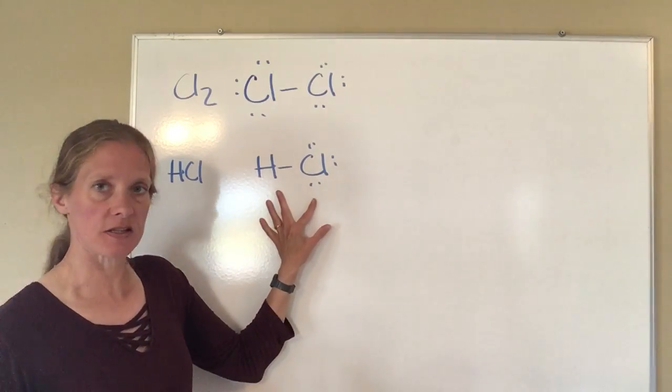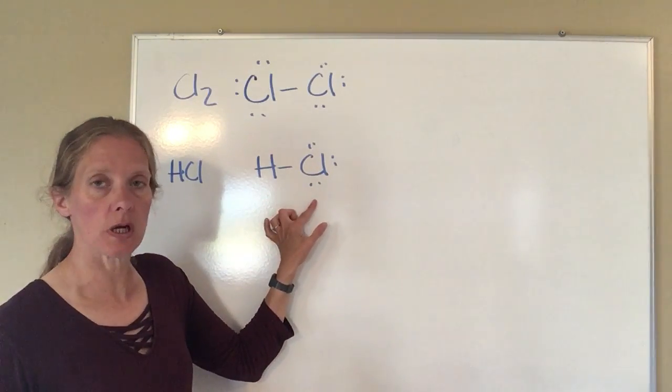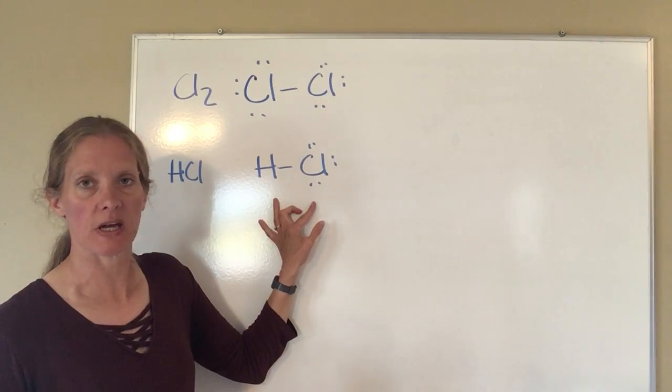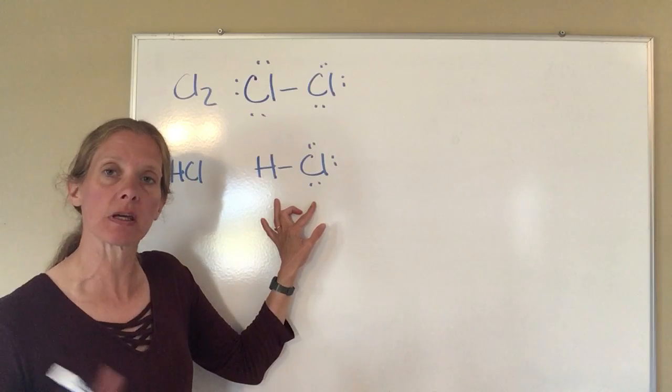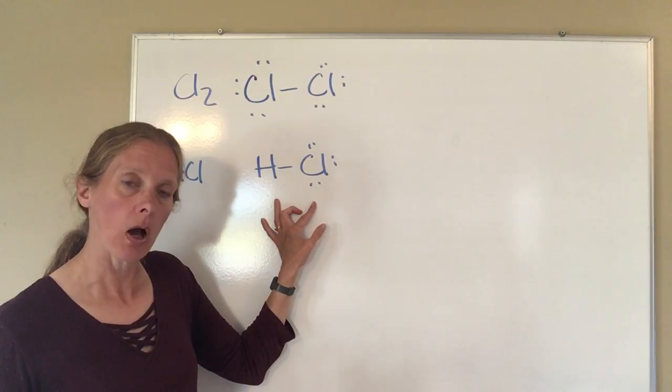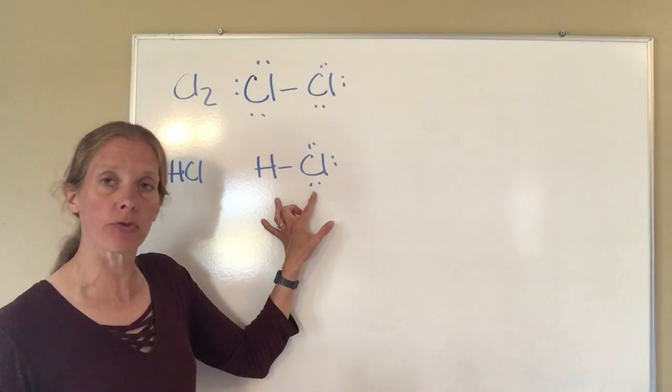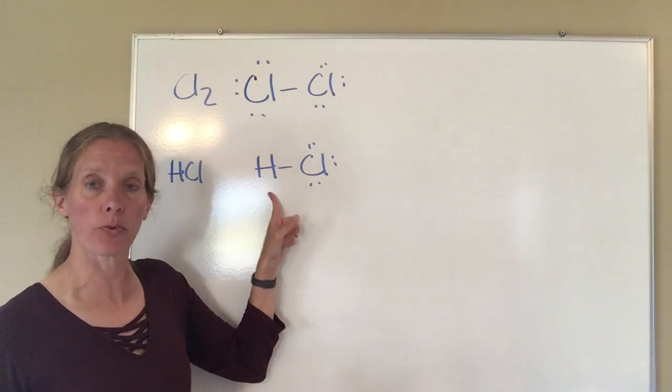But in this case, the chlorine wants the electron a whole lot worse than the hydrogen does. And you can verify this by looking in your book at the periodic table where it lists all of the electronegativity numbers. And you'll see that the number for chlorine is higher than the number for hydrogen.